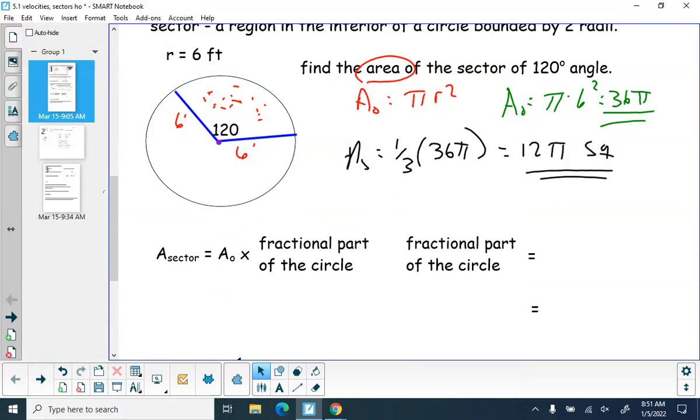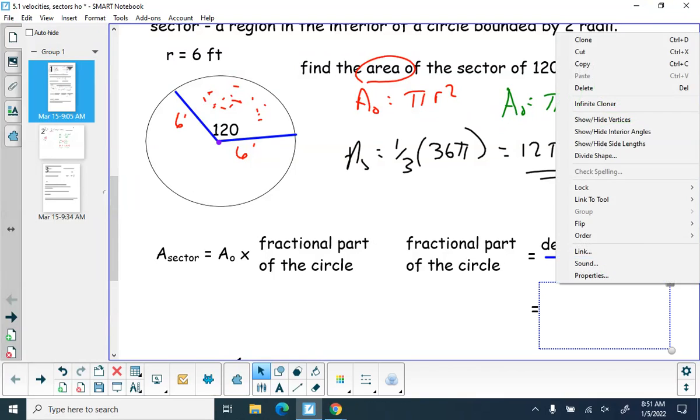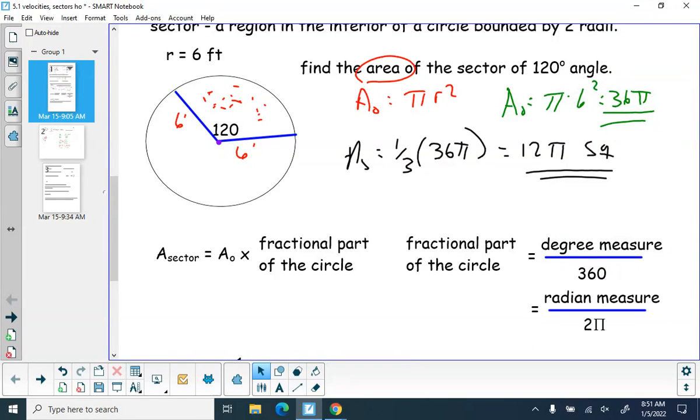Area of a sector. We take the area of the circle and we multiply by the fractional part of the circle. How do we calculate a fractional part? You take the number of degrees divided by 360. Or if we wanted to, we could take the number of radian measure divided by 2 pi.